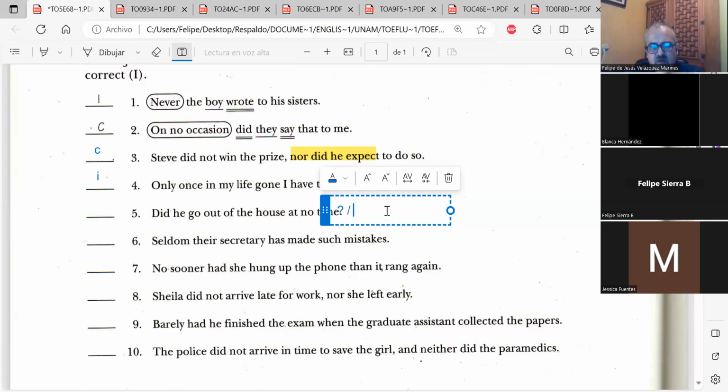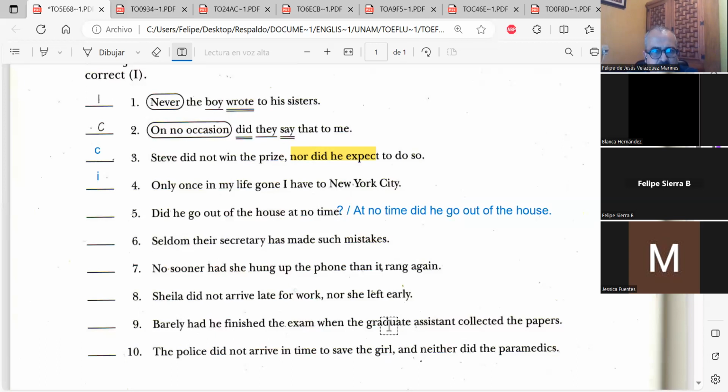He went out, front the negative at no time. At no time did he go out of the house. Yes. I was forgetting the negative. Okay, so this is incorrect.